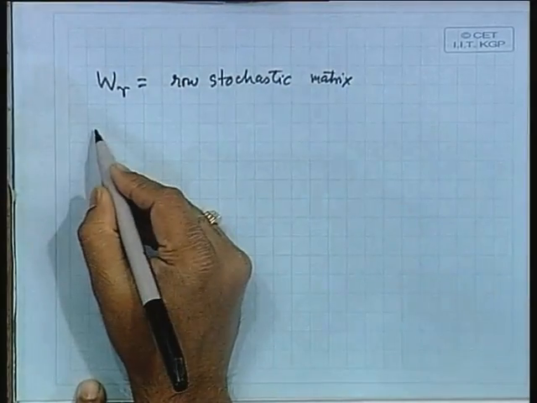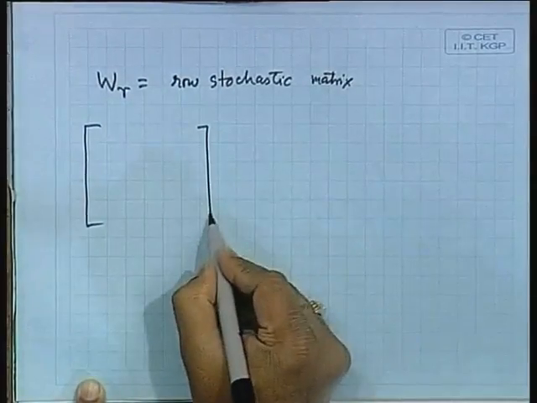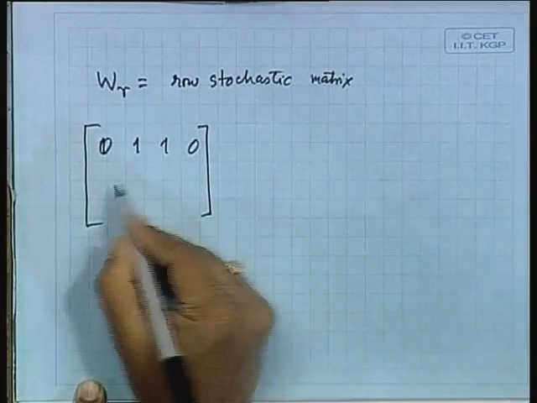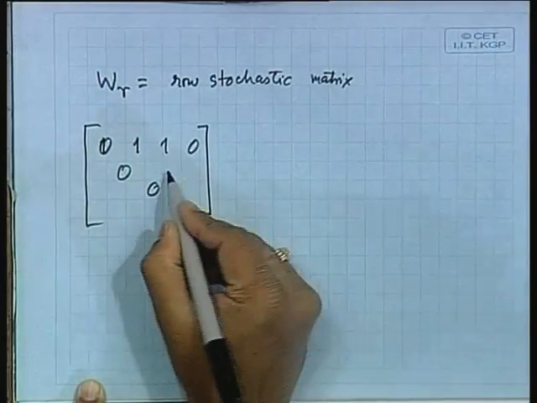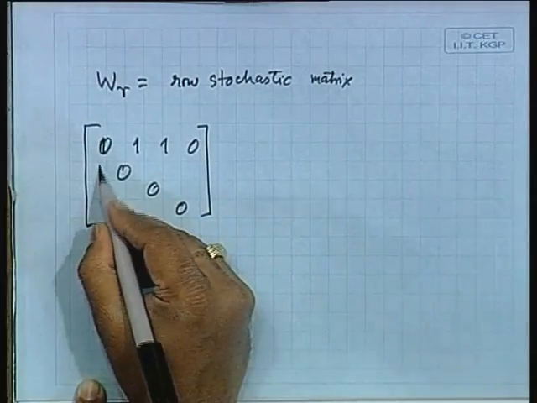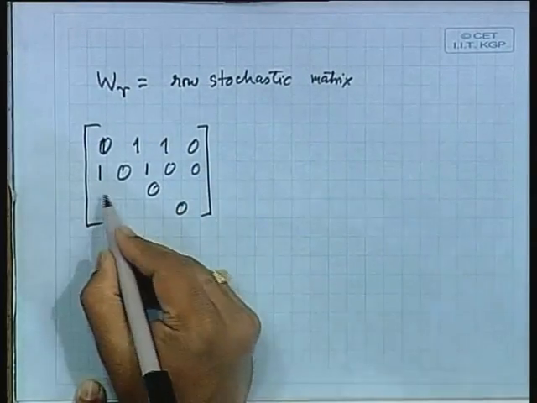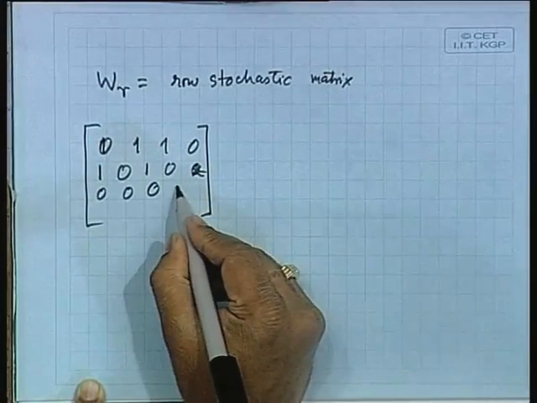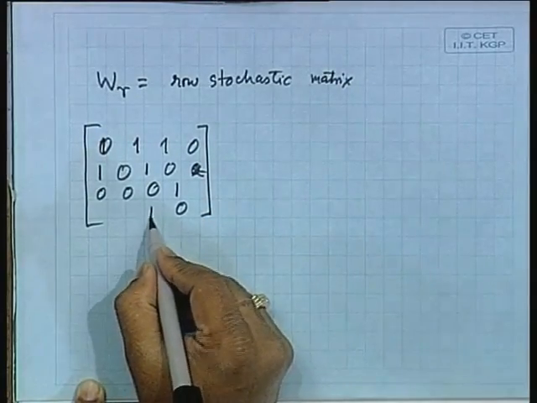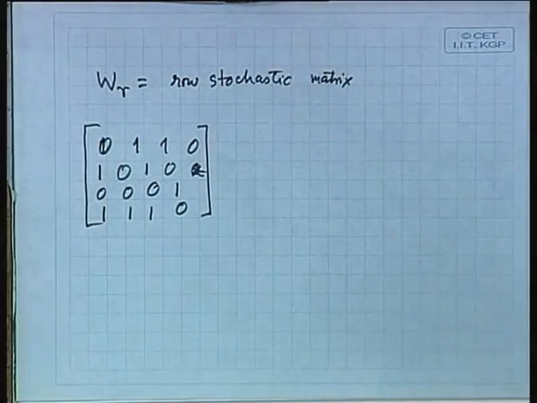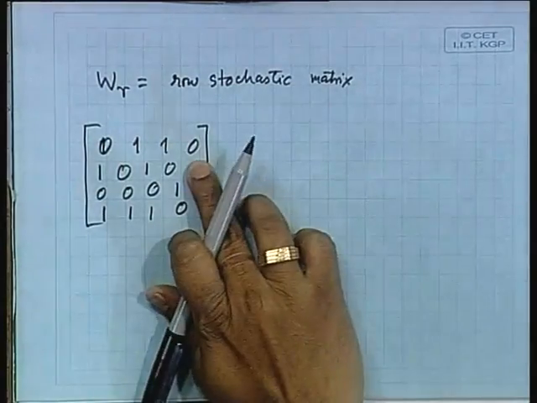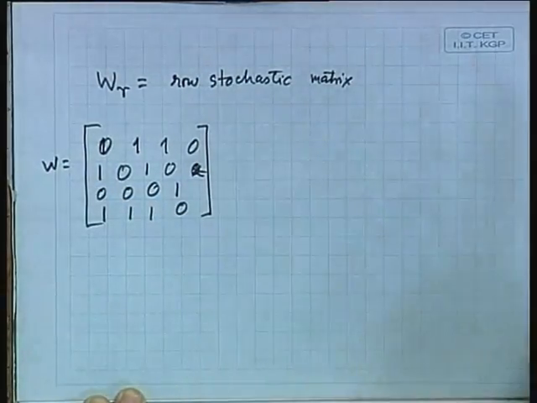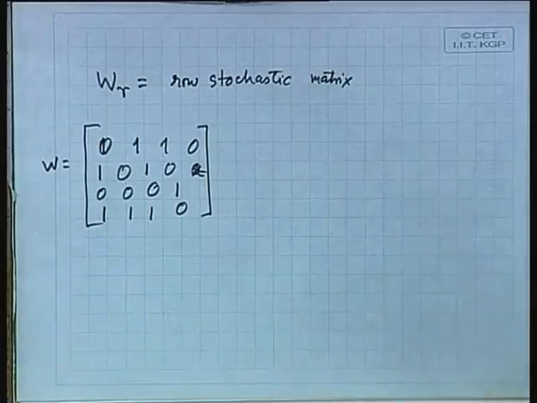Let me just take one example. Suppose this is your original matrix W. Then what is the corresponding row stochastic matrix WR?